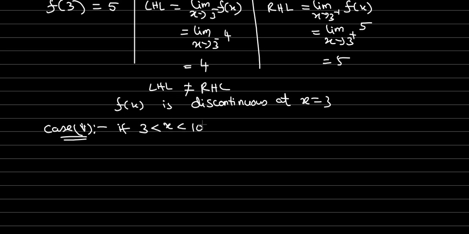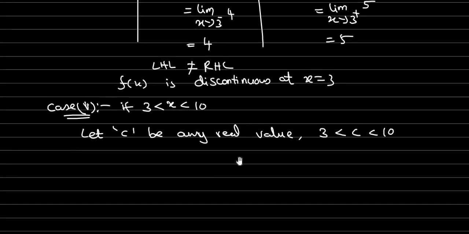So in this particular range we have infinite real values. So let C be any real value. At the same time, C should lie in this range. So 3 less than C less than 10.